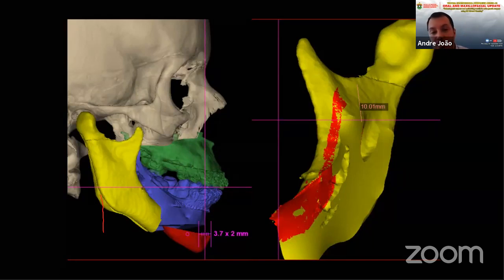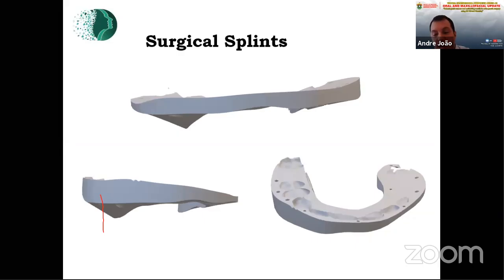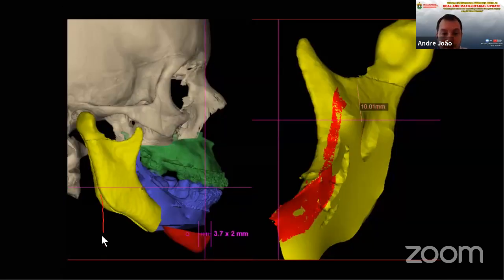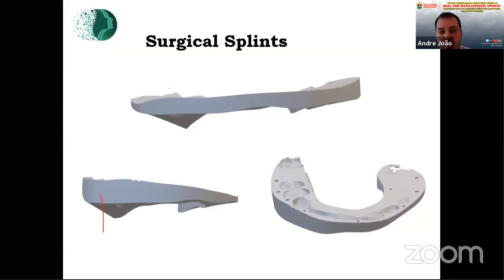So I placed the maxilla in position. I put some orthodontic anchorage screws here to keep the maxilla position, and I discussed with the orthodontist, and I told him, okay, we're going to close this occlusion after surgery. It's not the ideal, but this is my solution.